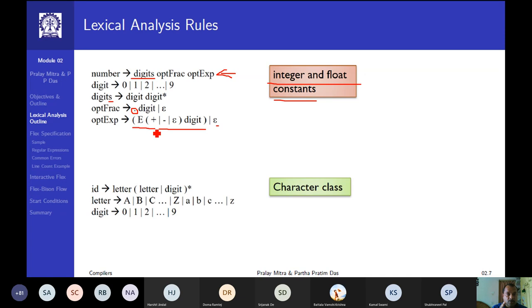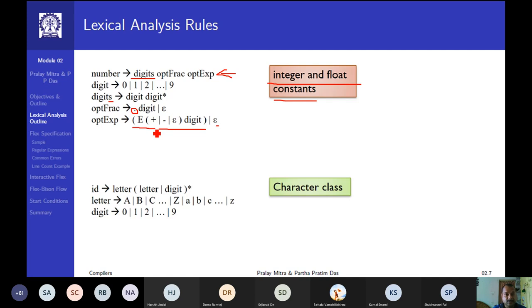So for that rule, when there is a plus, what will be the interpretation? When there is no plus, whether that will be considered positive or negative, the lexical analysis part does not do that.